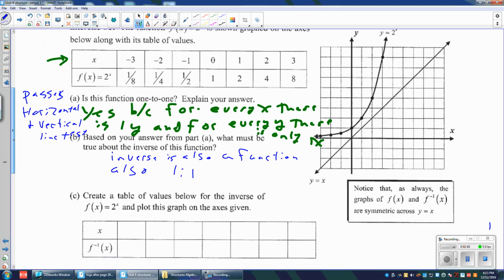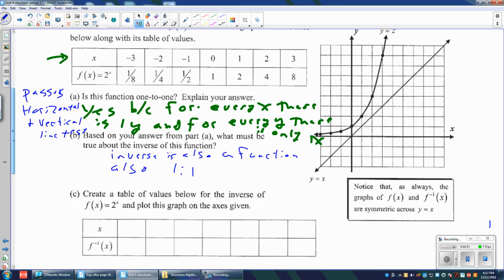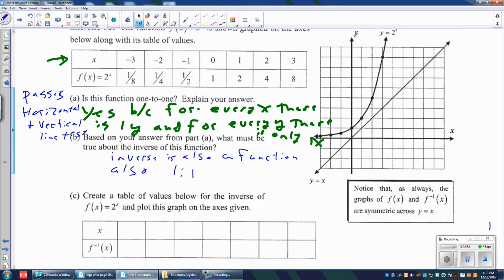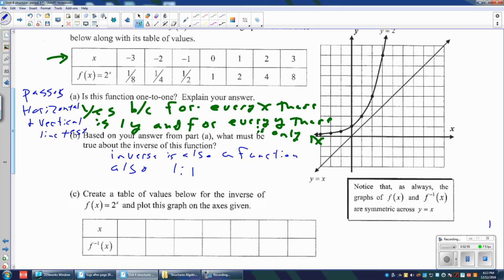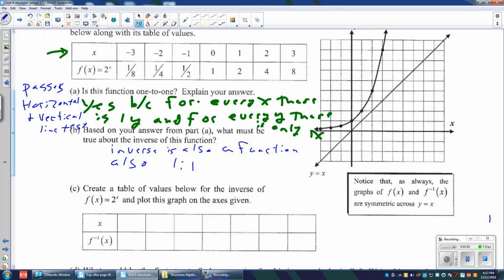Create a table of values below for the inverse of f of x equals 2 to the x and plot this graph below. You remember the definition of inverse? Just change the x's and y's. We're given points, so the old input is the new output.